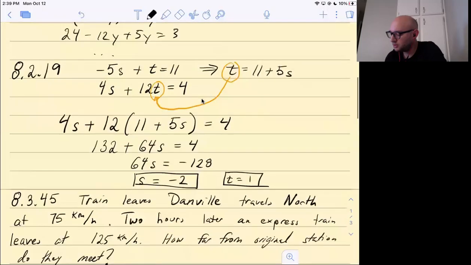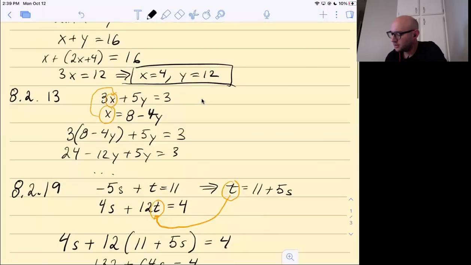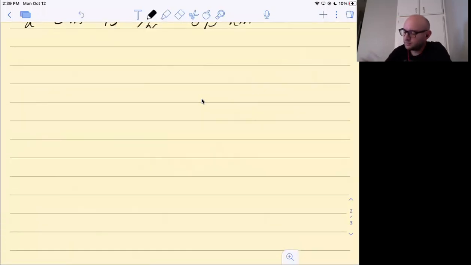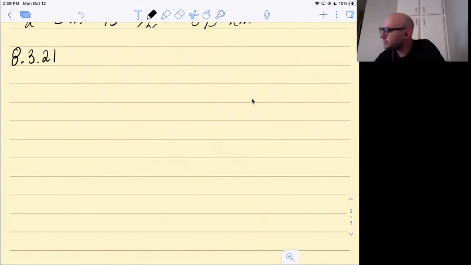Okay, let's do number 21. 8.3, number 21. Let's take a look at that. Oh, college credits, okay. So each course is either 3 or 4 credits.